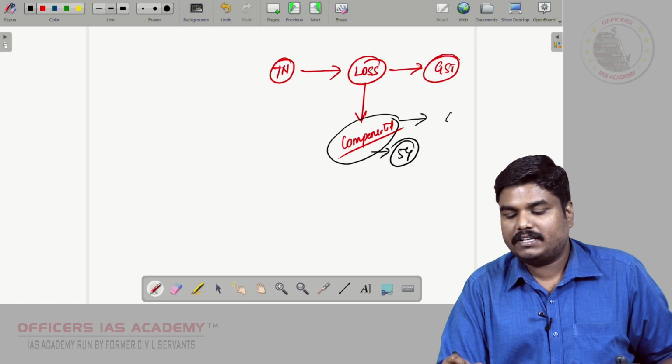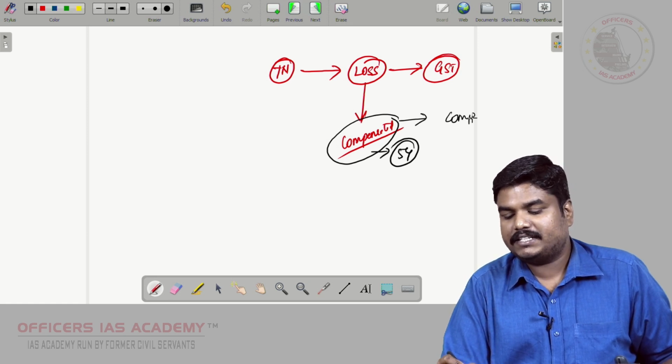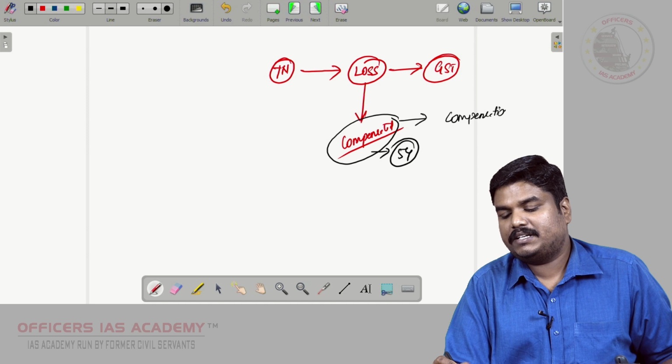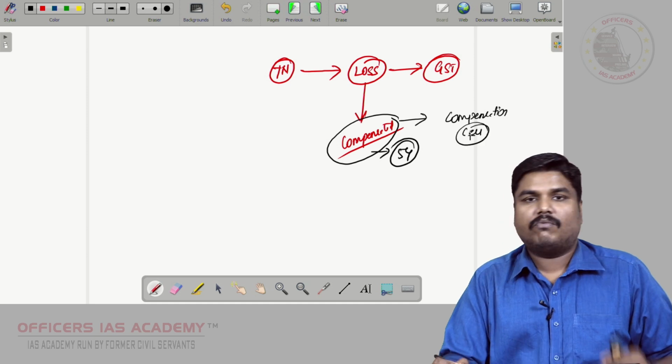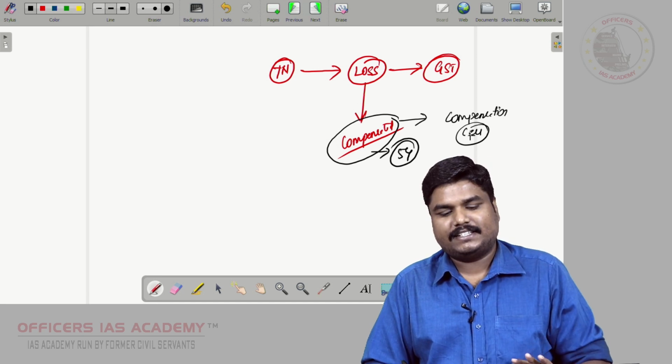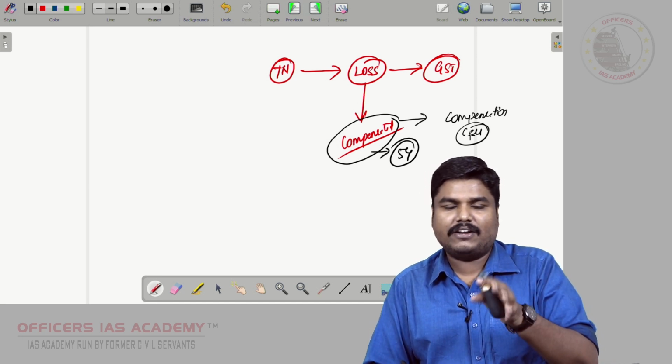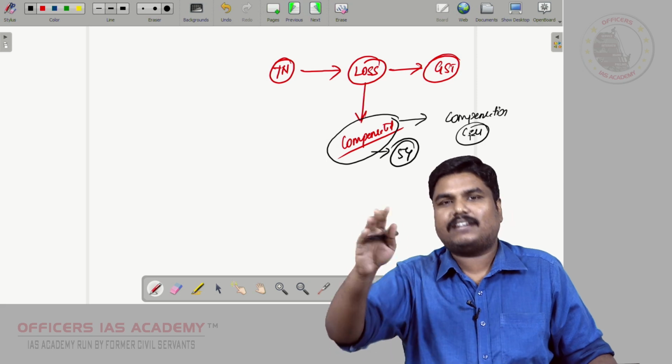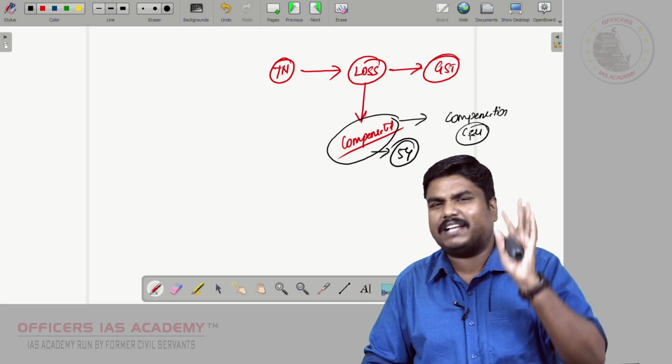Central government said, we will impose a compensation cess. What is a cess? A cess is a kind of tax. Compensation cess is a kind of tax on tax.